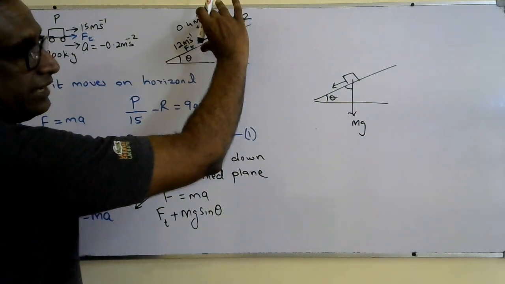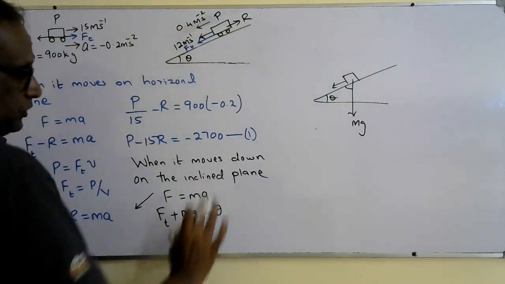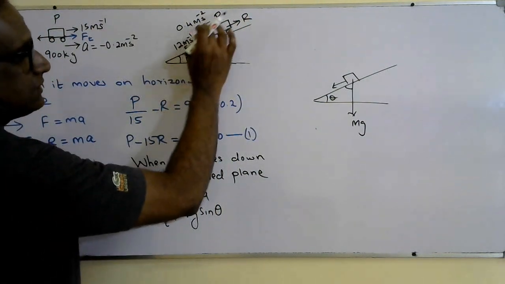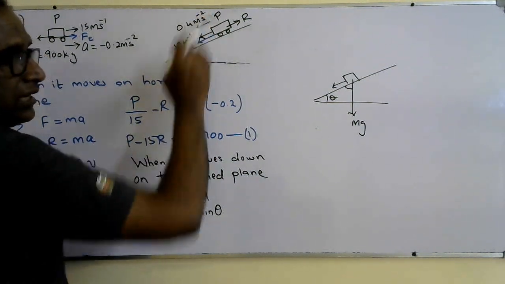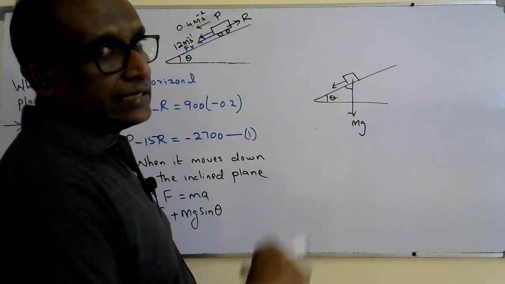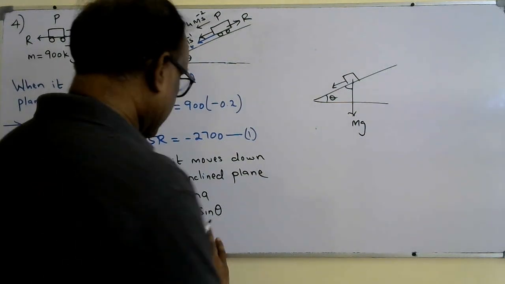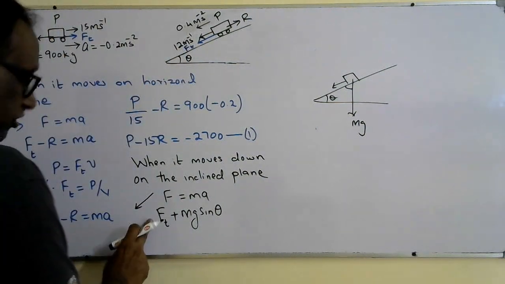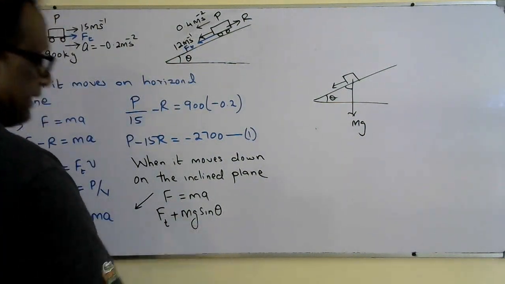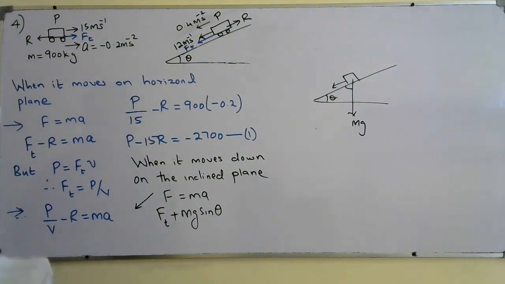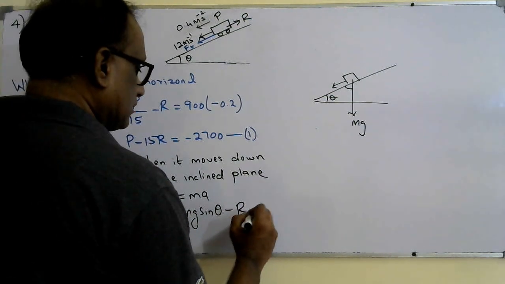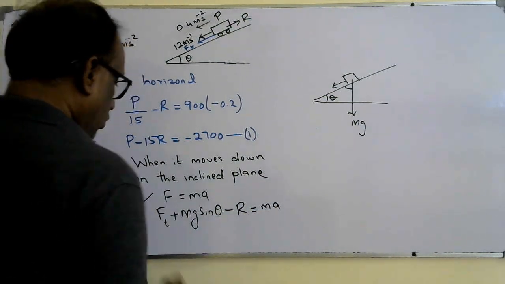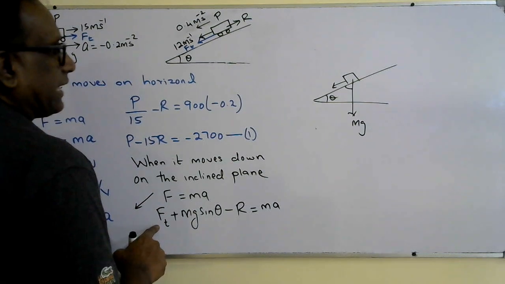I put only the information given in the question on the diagram, I didn't put mg sine theta there, because I just drew the diagram to show the data given. They didn't tell anything about mg sine theta, so anyway we have to put that in. So forward thrust is there, mg sine theta, the component of the weight along the plane down, is there, minus R equal to ma. Okay, FT, same way I can write again.